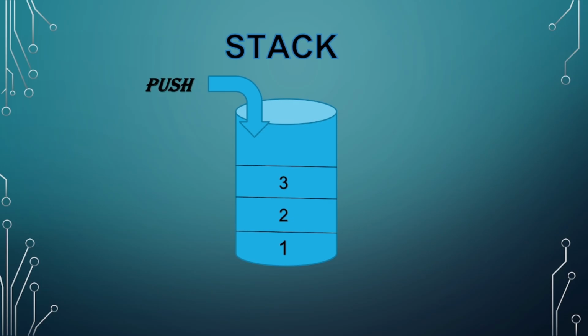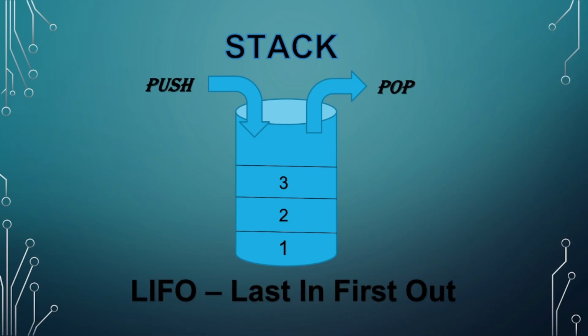Now I want to take out the data from the stack. The process of taking out the data is known as pop. When I perform the pop operation, whichever element is nearest to the top, technically the element you inserted last, will be taken out first. In this case, 3 will be taken out first and then 2.